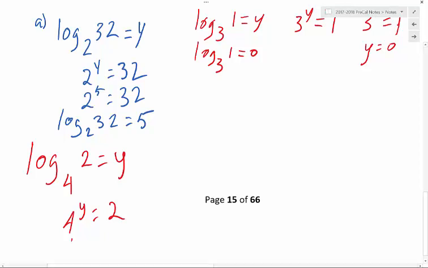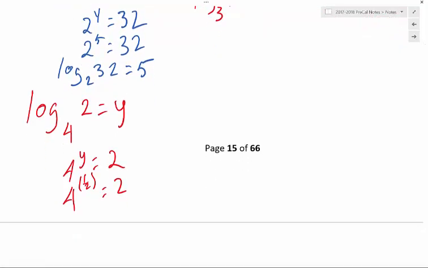So what that will mean, and we've talked about this in class, is that 4 to the 1/2 power will equal 2. Remember, when I have the square root of 4, that is the same thing as 4 to the 1/2 power. If I have the cubed root of 4, that's the same as 4 to the 1/3 power. So we would say that log base 4 of 2 equals 1/2.